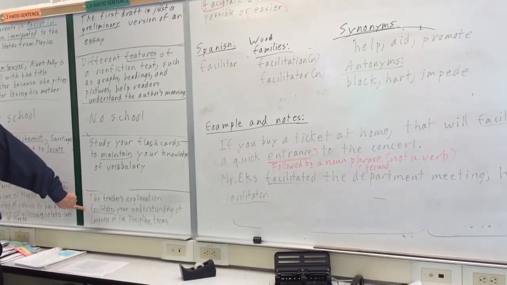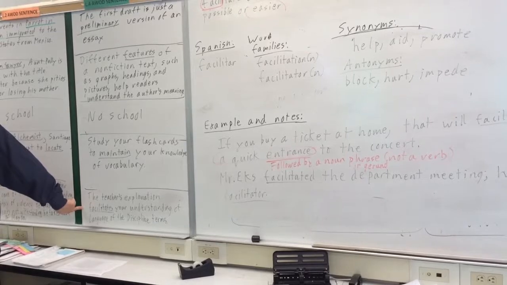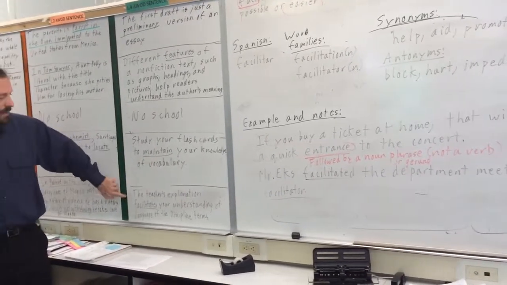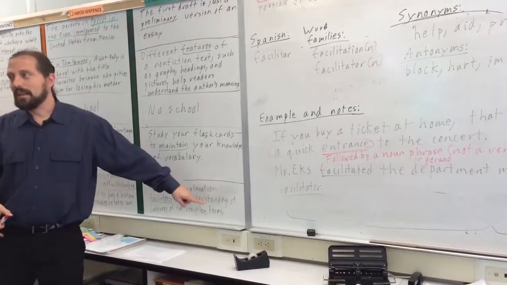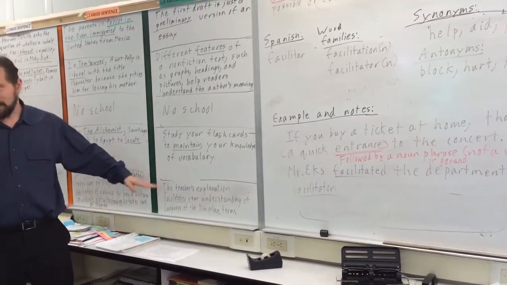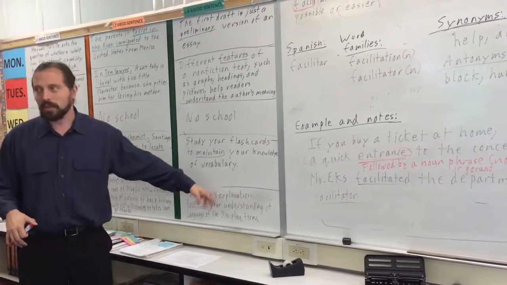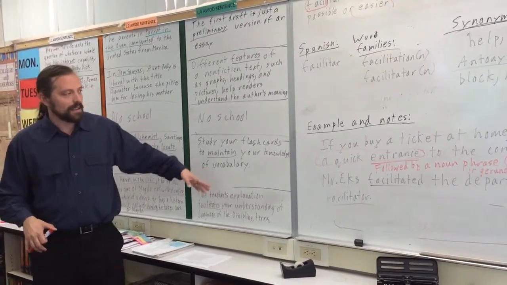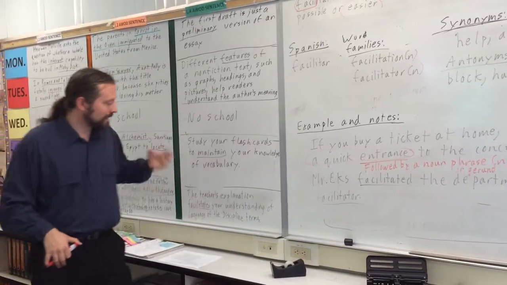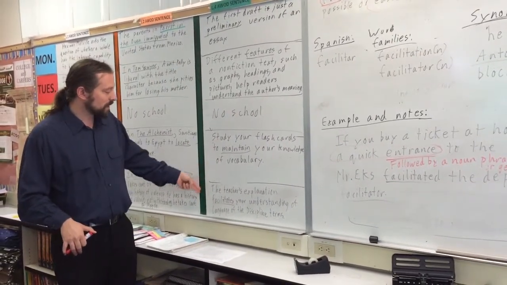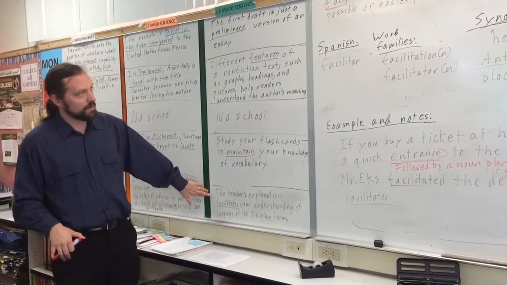It's supposed to make it easier, facilitate, make it más fácil, easier for you to understand. An explanation facilitates your understanding. So after facilitate, you have a noun, or as I said, a noun phrase. You can have other words like your, my. You can have adjectives like quick, but you need a noun or a gerund right there. So teacher's explanation facilitates your understanding of language of the discipline terms.